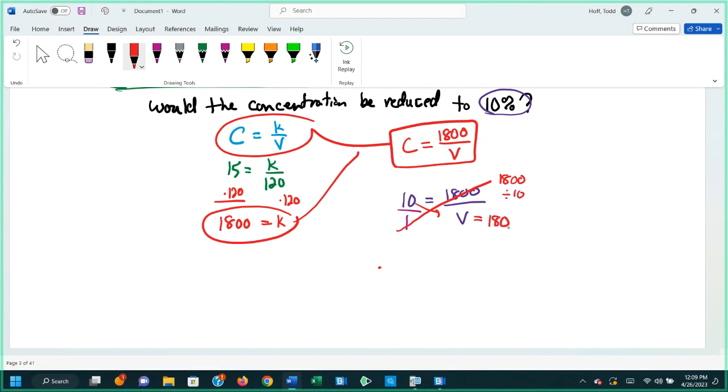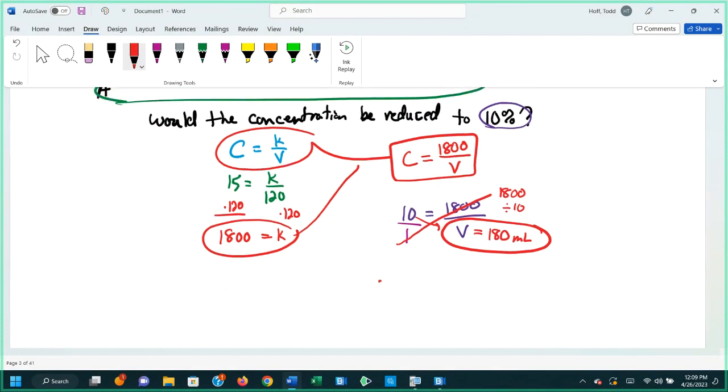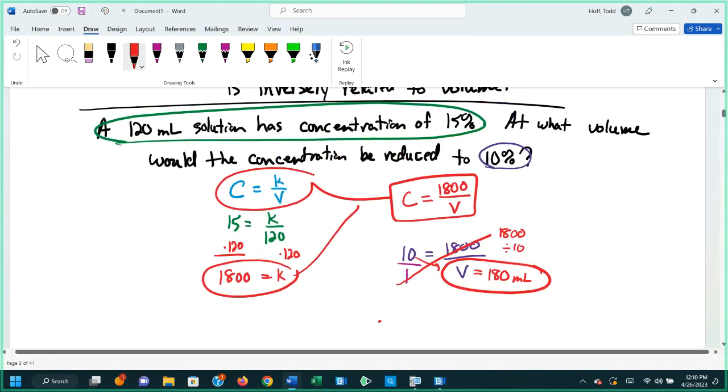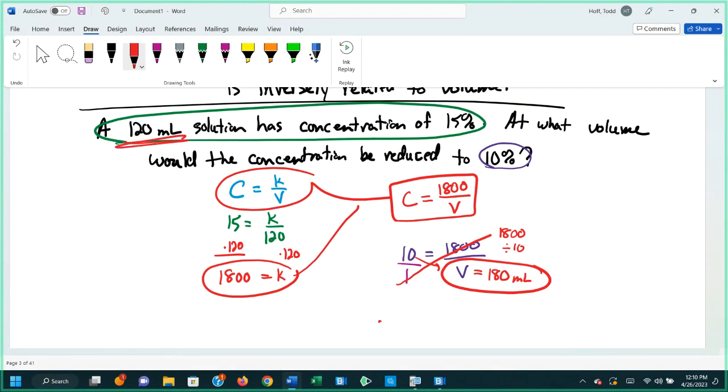So our volume becomes 180. And of course, that was in milliliters, so this is 180 milliliters. So if we increase that volume to 180 milliliters, the concentration will be 10%. It's currently 120 milliliters, so we know we have to add 60 milliliters of normal saline, of NS.